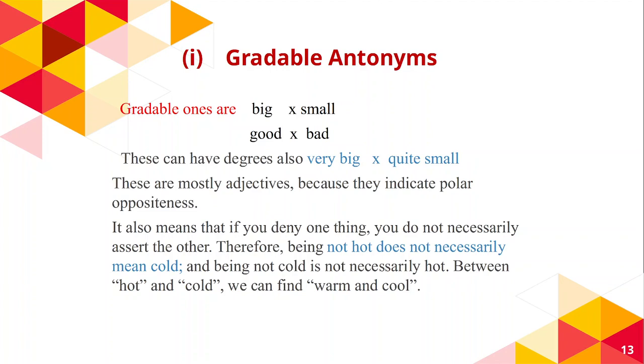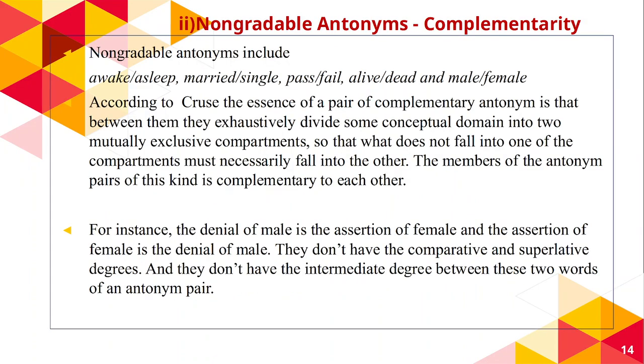It also means that if you deny one thing, you do not necessarily assert the other. So suppose you say it's not hot, it doesn't mean that it is cold, because it could be hot, cold, or also warm and cool. So you have intermediate degrees of heat, and so it is gradable.